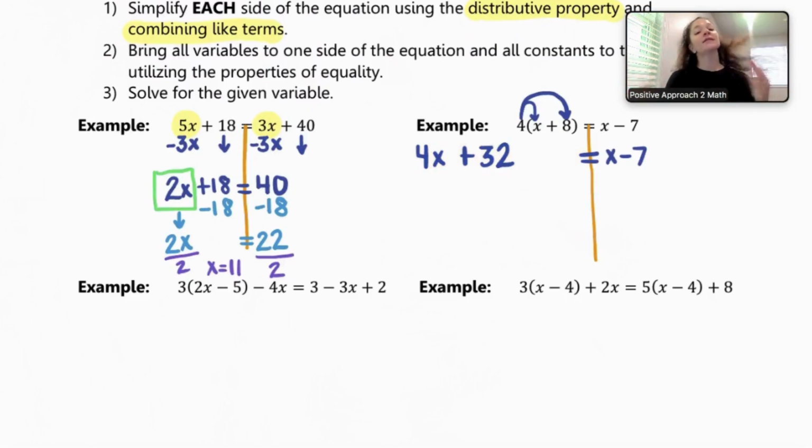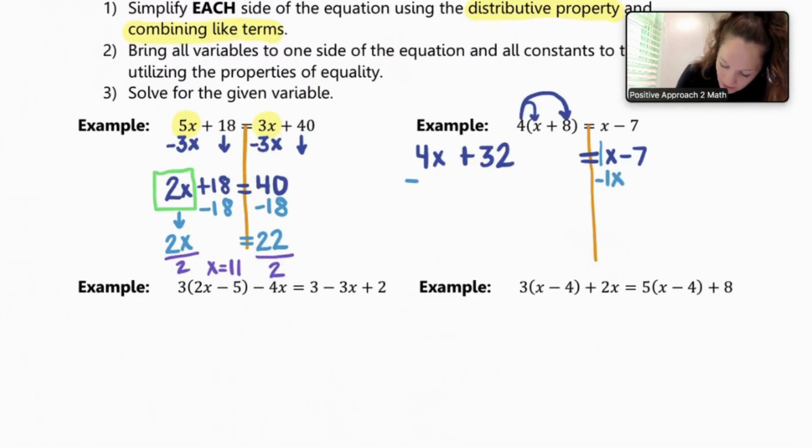So now we want to get all of our variables on one side. So what I'm going to do to help us out here, I'm going to write, because remember in front of that x there's really like an invisible 1. So I'm going to put that 1x there, and it's positive 1x. So I want to do the inverse operation. So if it's currently being added, that 1x, I'm going to want to subtract it to move it over the bridge.